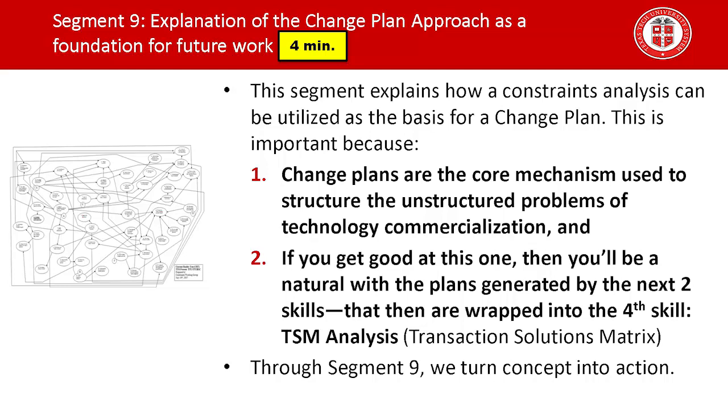This is important because change plans are the core mechanism used to structure the unstructured problems of technology commercialization. If you get good at this change plan, then you'll be a natural with the plans generated by the next 2 skills that are then wrapped into the 4th skill, Transaction Solutions Matrix, TSM analysis. Through segment 9, we turn concept into action.